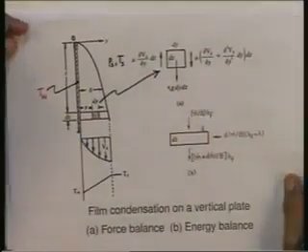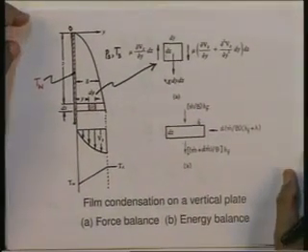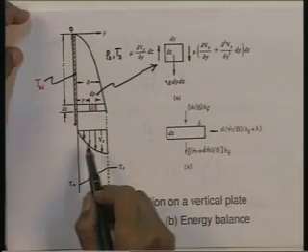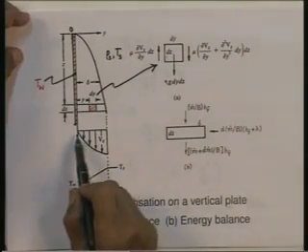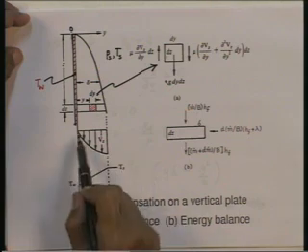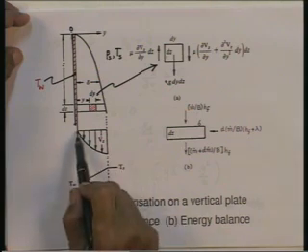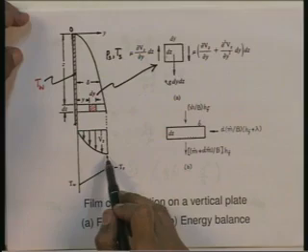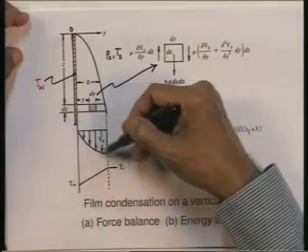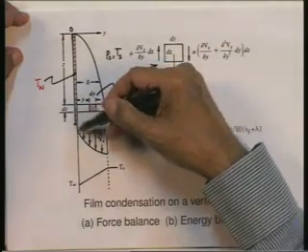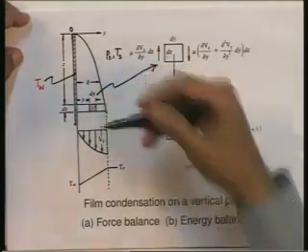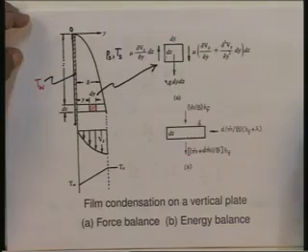So, this is my velocity distribution. Let me go back to the sketch to show you the velocity distribution. Here it is. On this sketch now you can see the nature of the distribution that we have got: Vz is equal to 0 at y equal to 0 and dVz dy is equal to 0 at y equal to delta. So, we have a parabolic distribution of this form. That is the equation that we have got for velocity distribution after applying Newton's second law of motion.